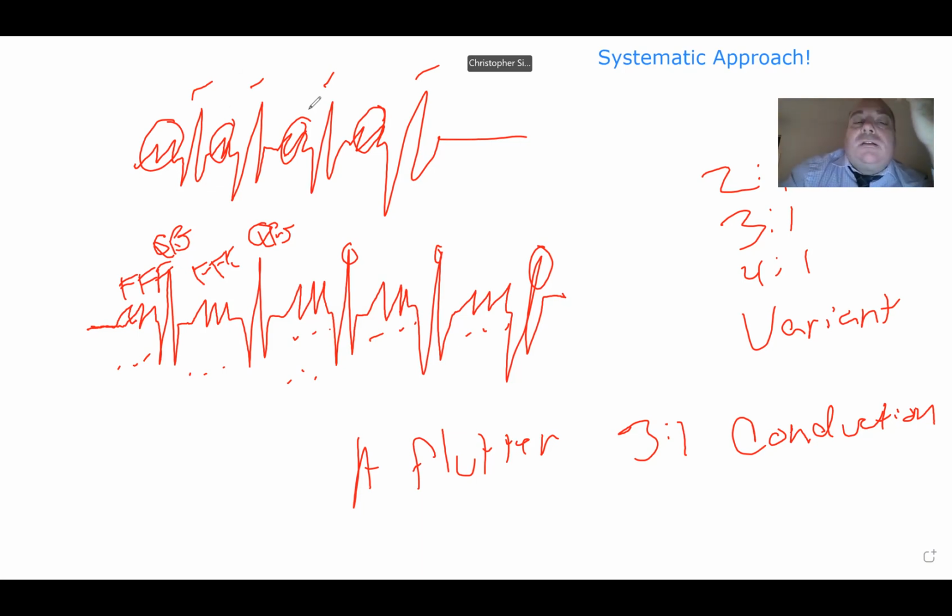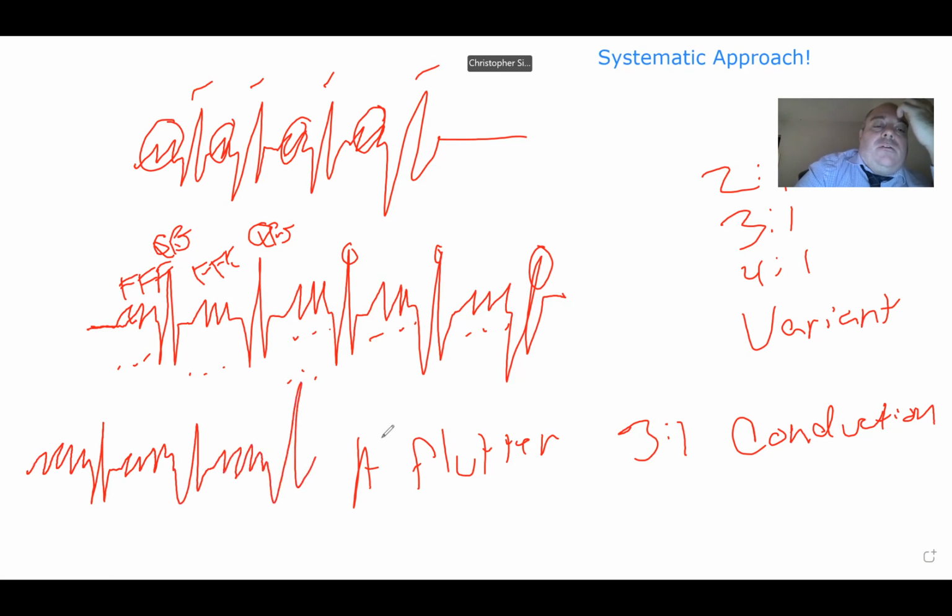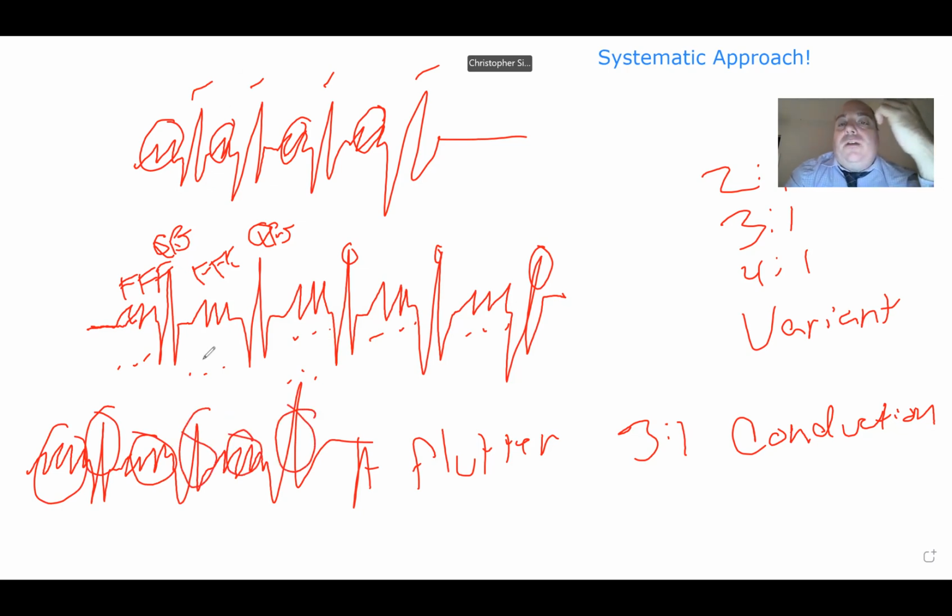Okay, you see where I'm going with this? And if we had 1, 2, 3, 4, QRS, 1, 2, 3, 4, QRS, 4 flutters, QRS, 4 flutters, QRS, we have a flutter with 4 to 1 conduction, okay?